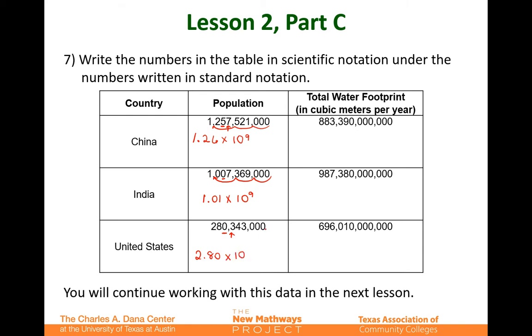I'm going to move it 3, 6, 7, 8. Definitely smaller, and you can see when we have a smaller exponent, we're smaller by about a factor of 10. Their population is about 10 times greater.